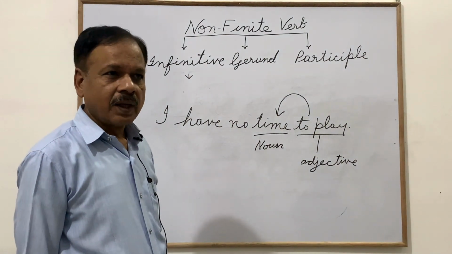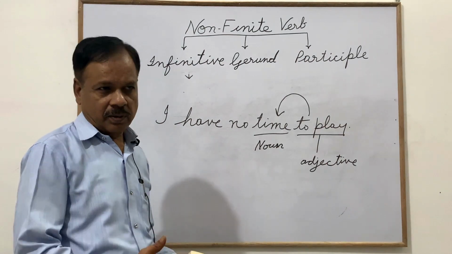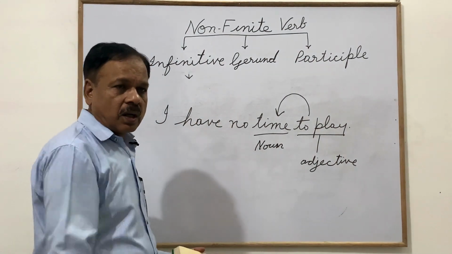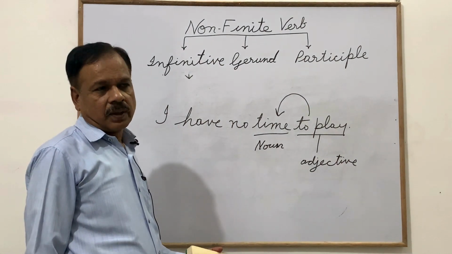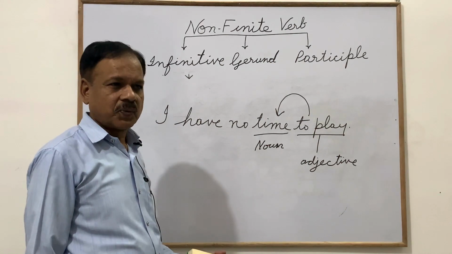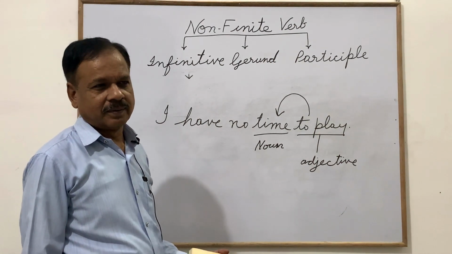Got it? Now I'll give you some famous quotes just to remember how the infinitive is used. See, one famous line of Shakespeare: "To be or not to be, that is the question."